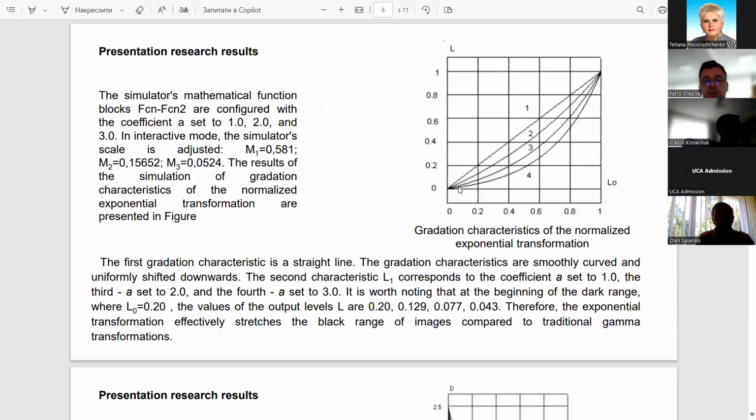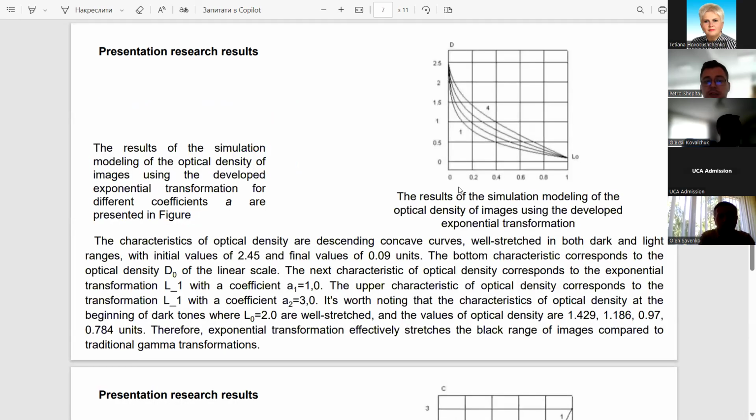The results of the simulation of the gradation characteristic of the normalized exponential transformation are presented in this figure. The results of the simulation model of the optical density of the image using the developed exponential transformation for different coefficients alpha are presented in this figure.